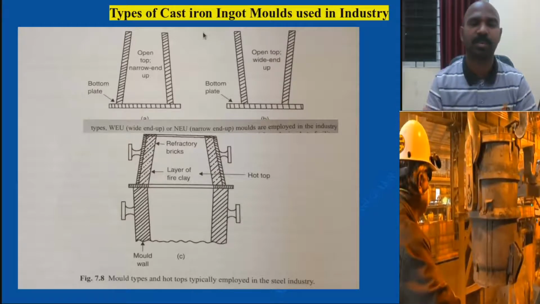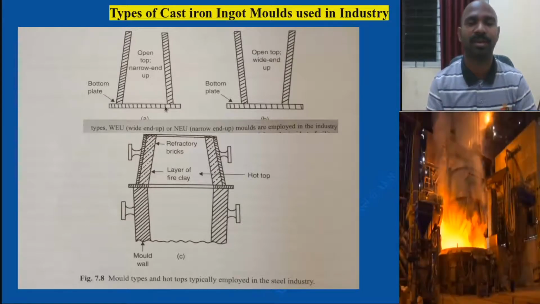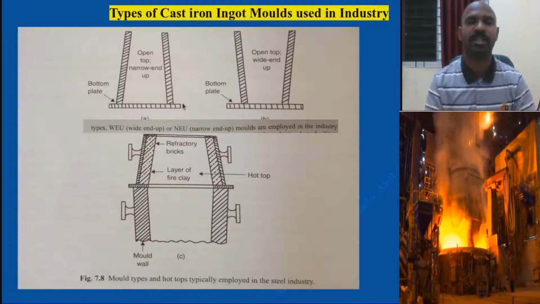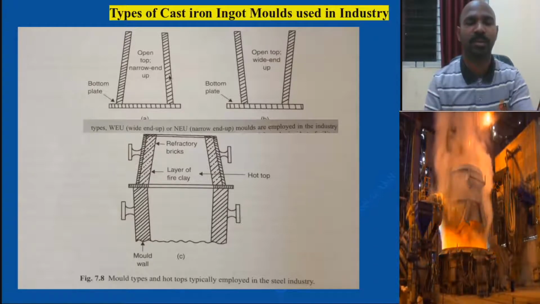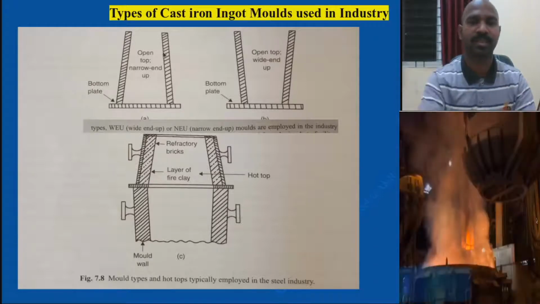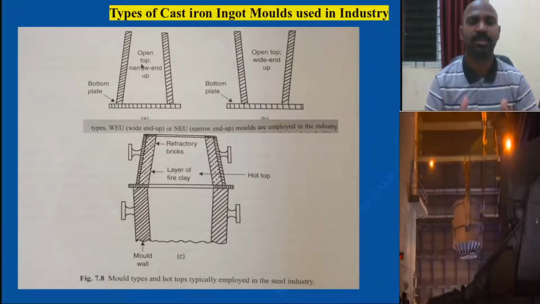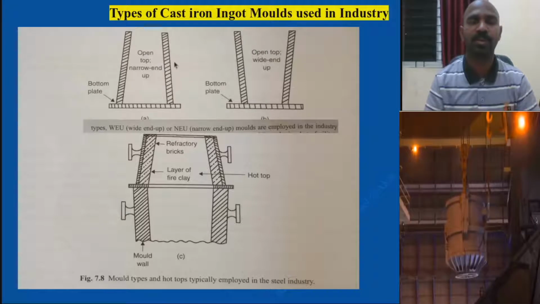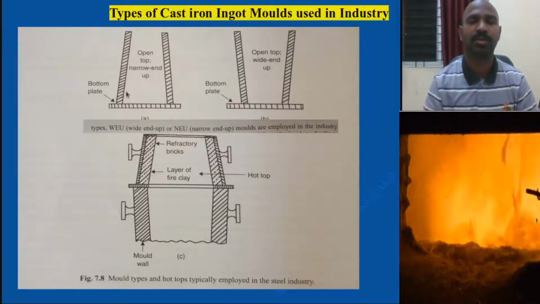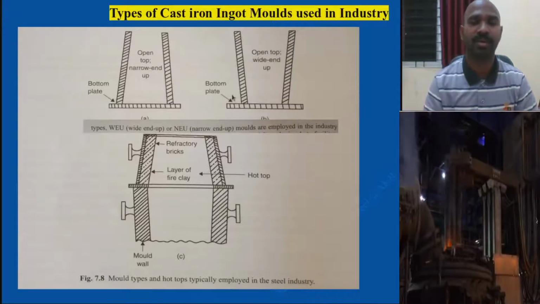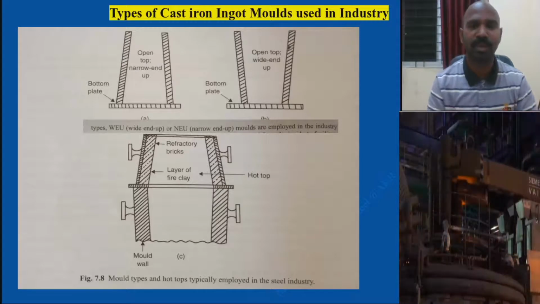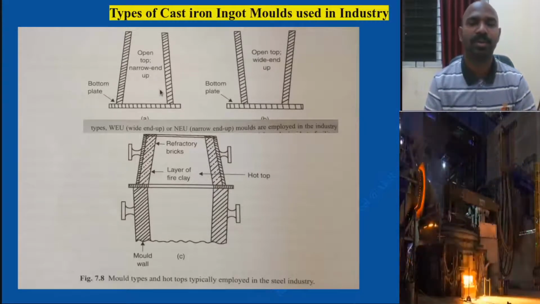The ingot molds are independent molds. There will be a base plate and over the top there will be a tapering section. It is protected with brick lining and it is made up of cast iron, tapering towards the bottom or tapering towards the top. This is wide end up, this is narrow end up.